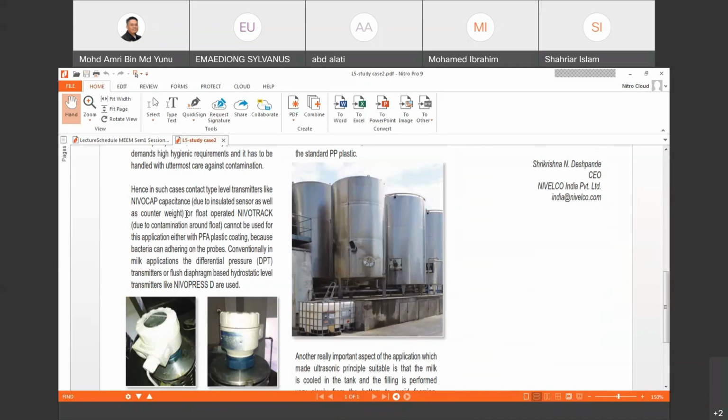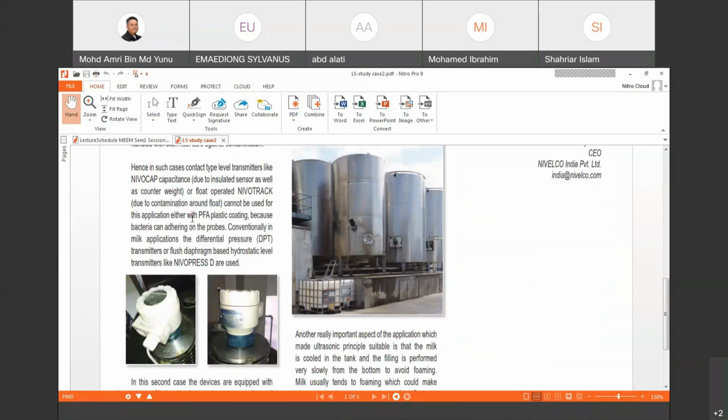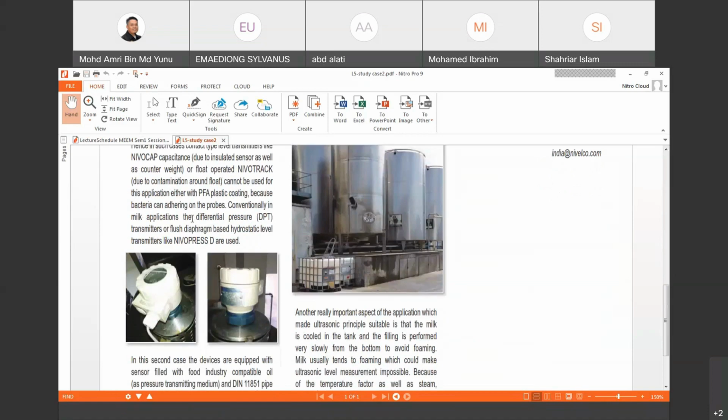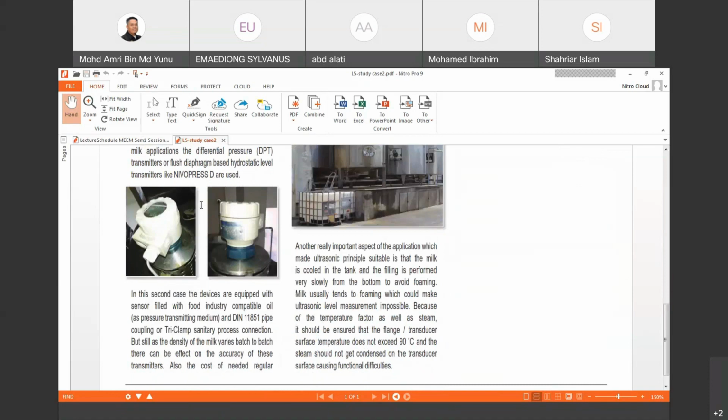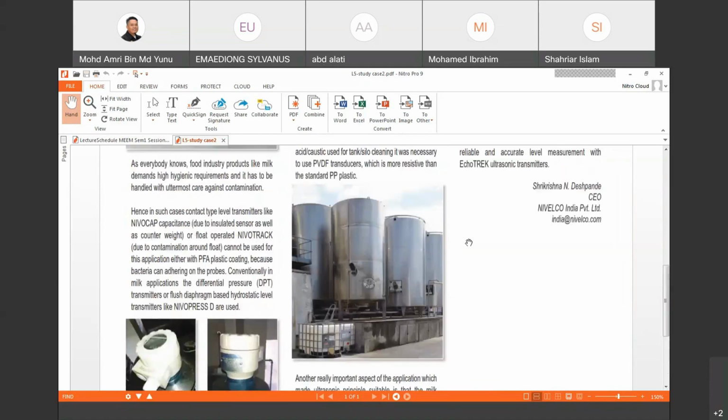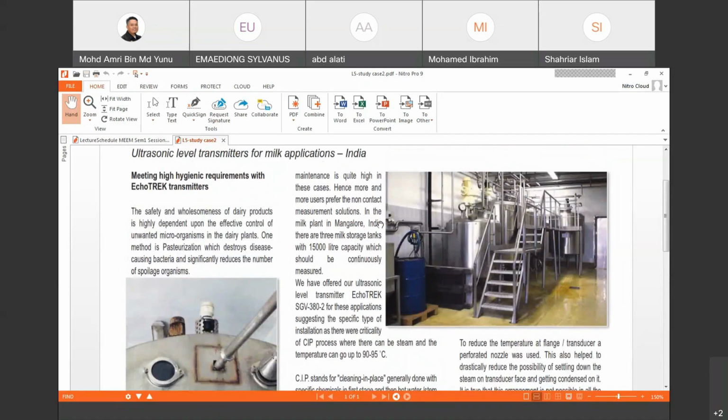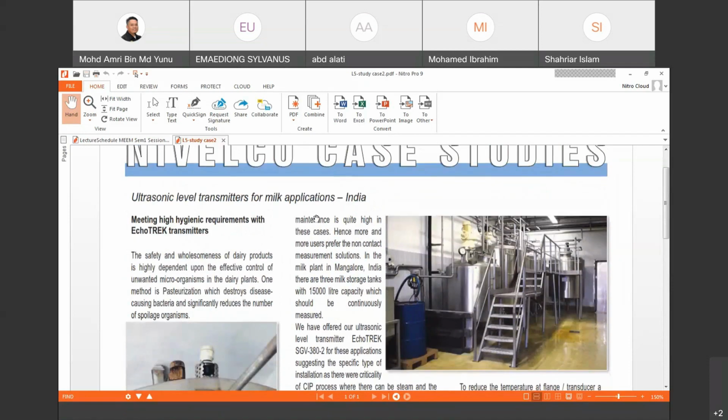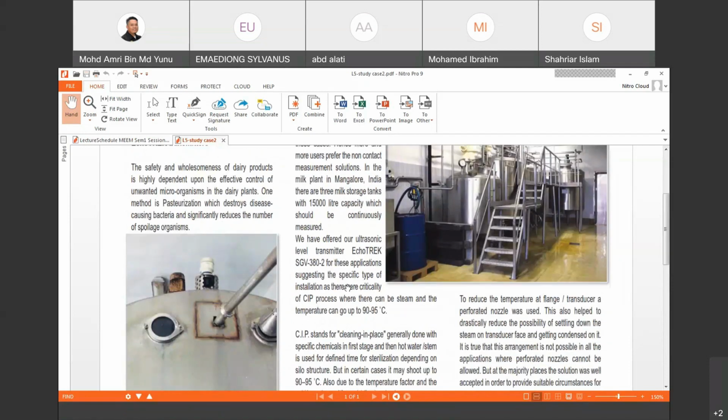In this case you cannot use a float or something that directly contacts the milk, because there will be bacteria on the contact. So the suggested solution is to use an ultrasonic transmitter.